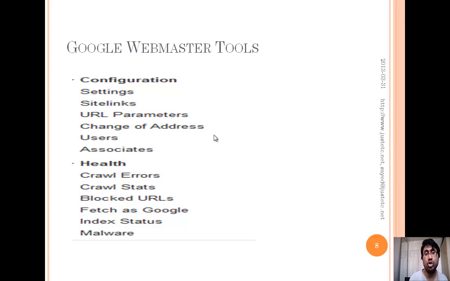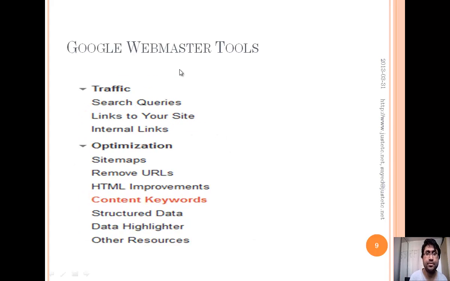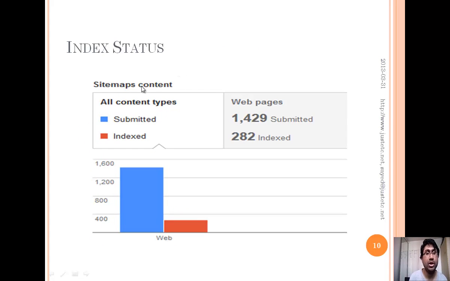Now, how can you use Google Webmaster Tools to provide all the services? I think before that, probably I can show you something. It shows how many URLs I have submitted through sitemaps to Google Webmaster Tools, and how many got indexed. I believe it was showing way more.